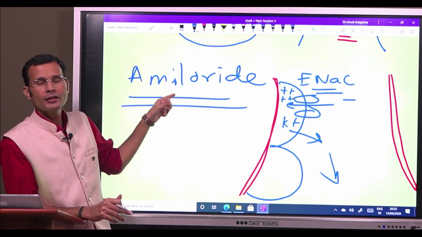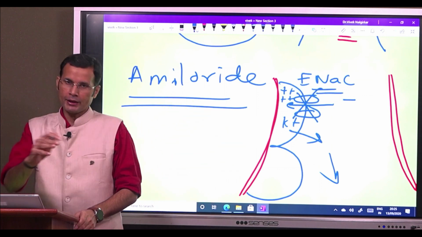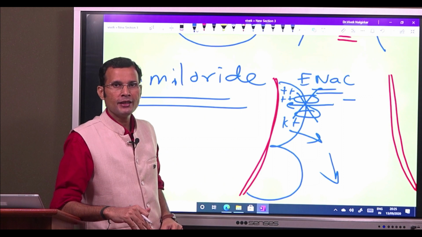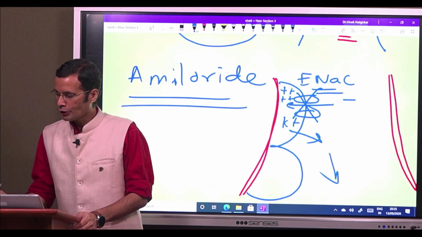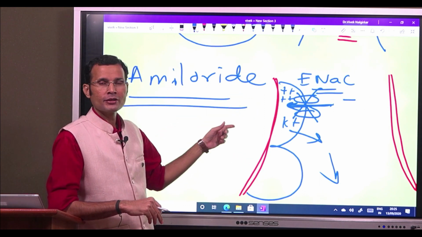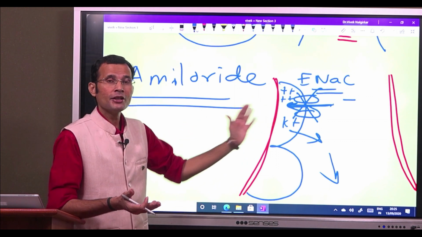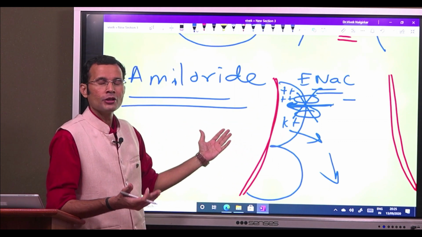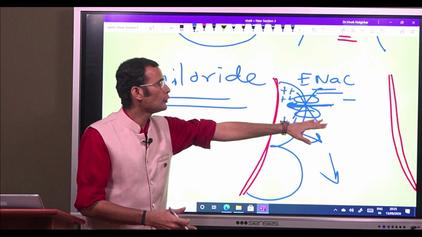So how do these potassium-sparing diuretics work? They block the ENaC. They block the action of ENaC. What is going to happen? Sodium will not be able to enter the cell. And if the sodium does not enter the cell, it will not create that transepithelial electrical gradient, the electrical potential difference from lumen into the cell.